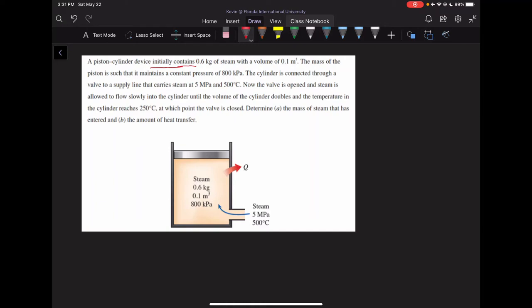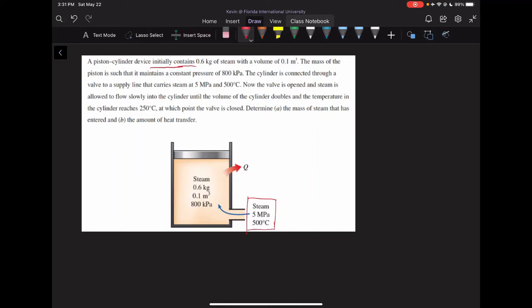So a very simple piston cylinder assembly with a piston that keeps a pressure constant. So we can say that the pressure is constant throughout. And we're told that the cylinder is connected through a valve to a supply line that carries steam at 5 megapascals and 500 degrees Celsius.